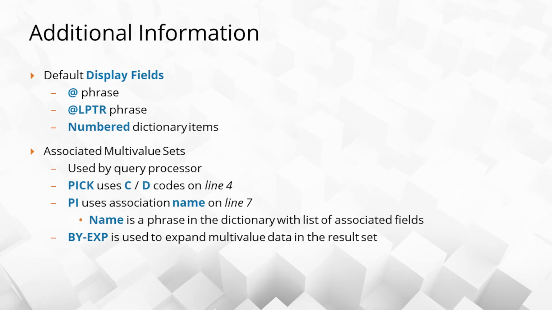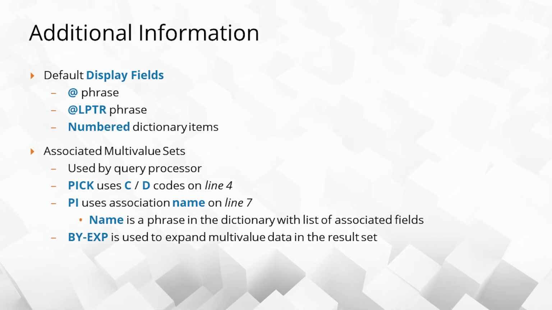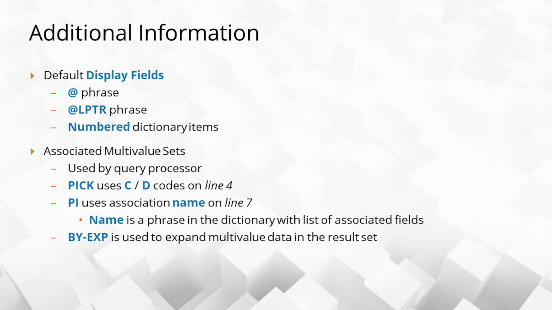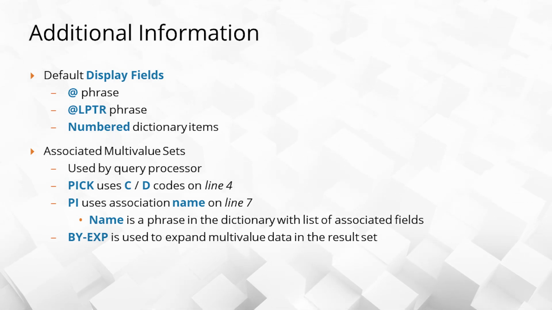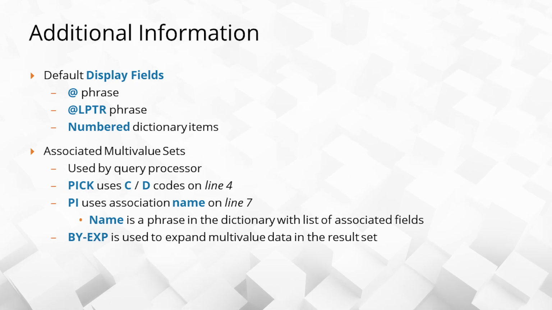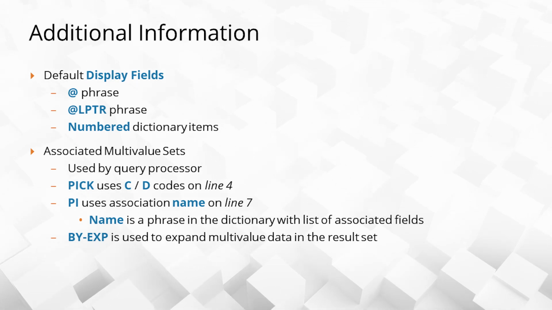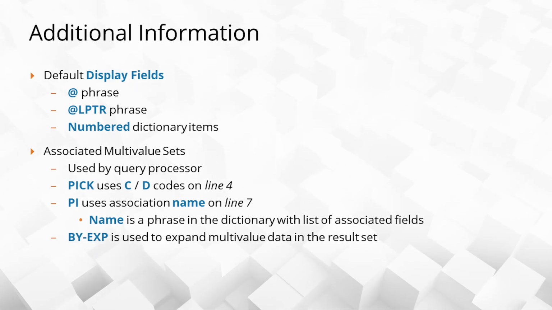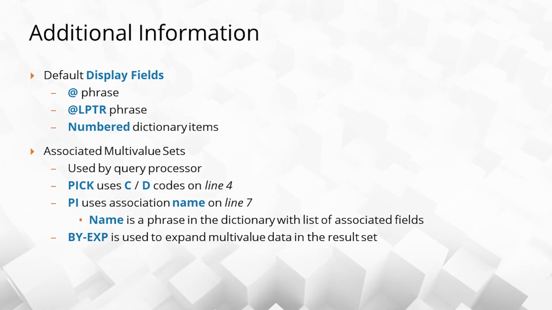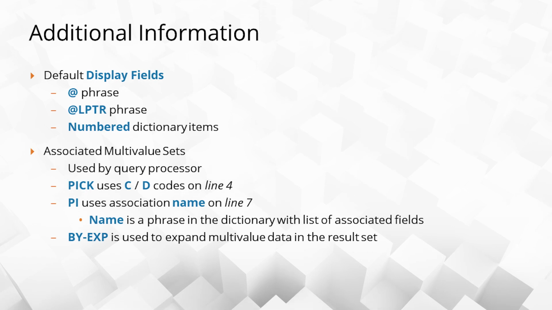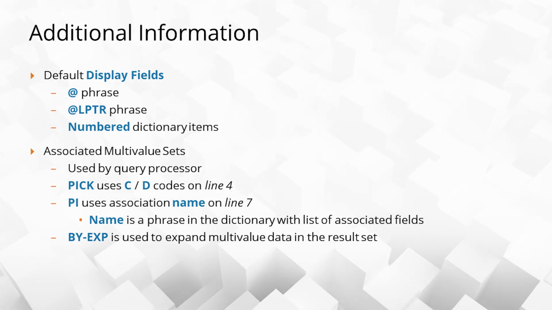In the PICK dictionary model with the A and S codes, the association is handled by putting a controlling list of attributes in the primary field and a dependent list in the secondary fields. It's a little convoluted and a little fragile, but it does work.